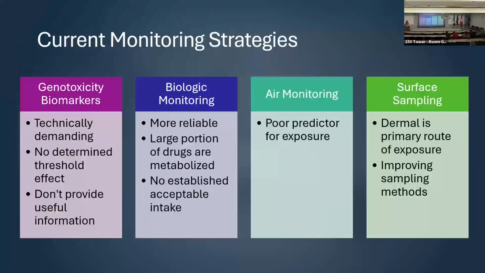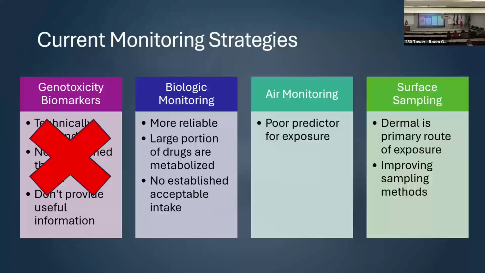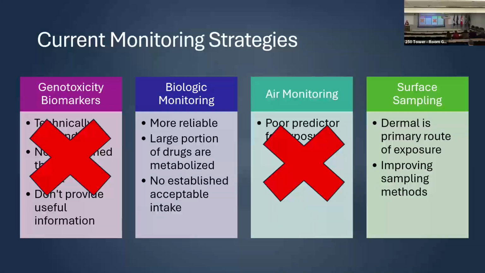And then additionally with surface sampling, admittedly this was done in 2017, but they've been experiencing improved technology in how we sample for anti-neoplastic drugs, how we analyze that sample, and how we're able to get better detection. So this article ruled out genotoxicity biomarkers and air monitoring when analyzing the connection between occupational absorbed dose and surface sampling.